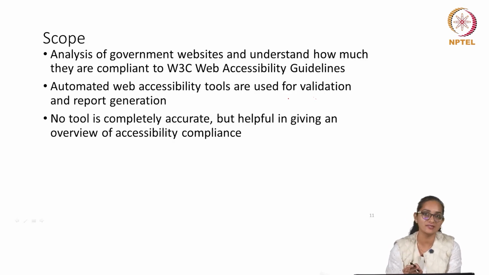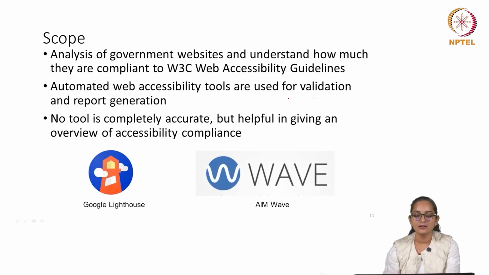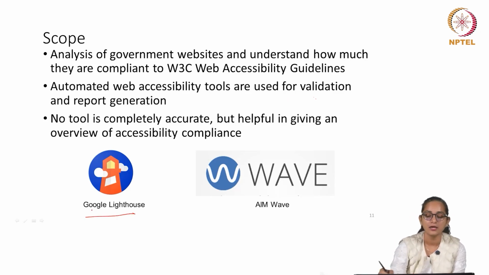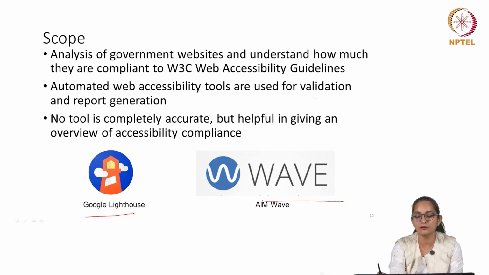We have discussed the pros and cons in depth, but these tools help give an overview of accessibility compliance before an in-depth analysis by a team of expert human evaluators. Two of the most commonly used evaluation tools are Google Lighthouse and a tool called Wave.